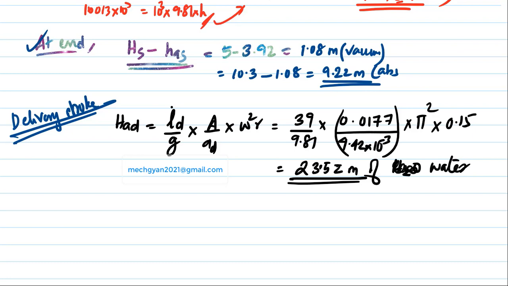So at the middle of the delivery stroke, our head loss due to friction comes. So this is at the beginning or at the end.